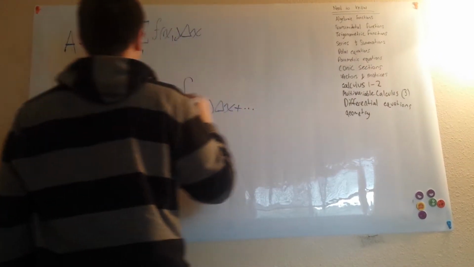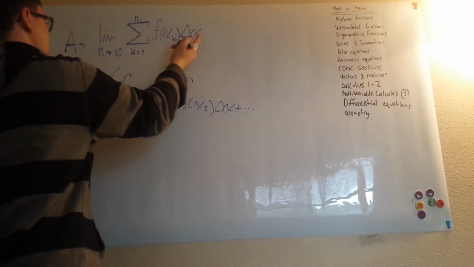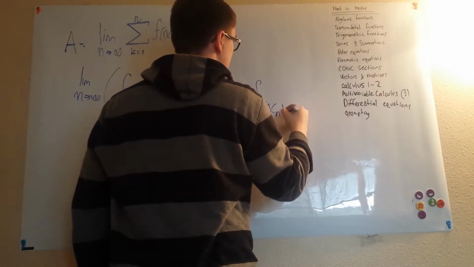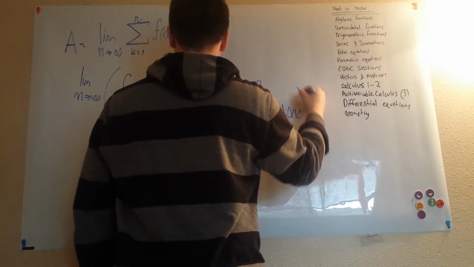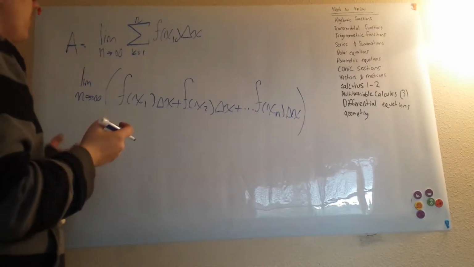Until we plug in n into the equation. We have the height of the last rectangle, n, times its width. Same thing as the other widths. And that's what it looks like.